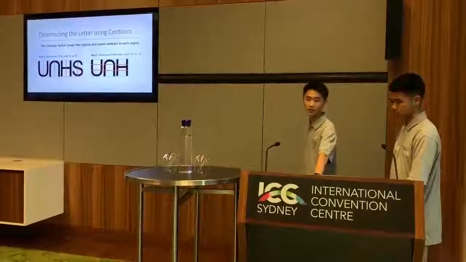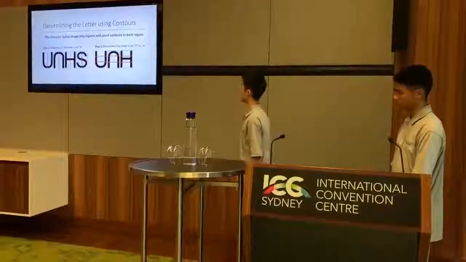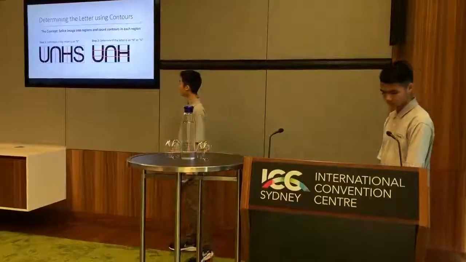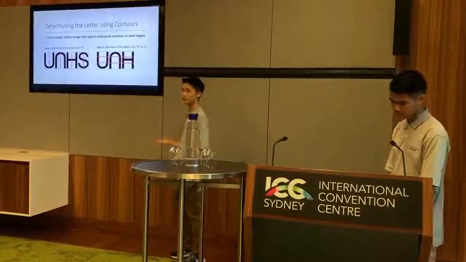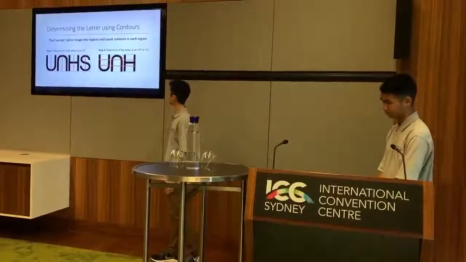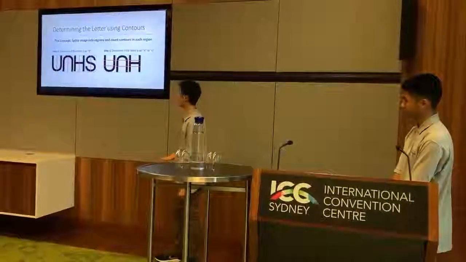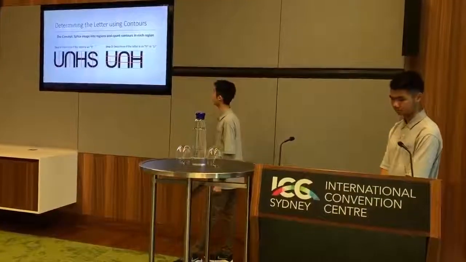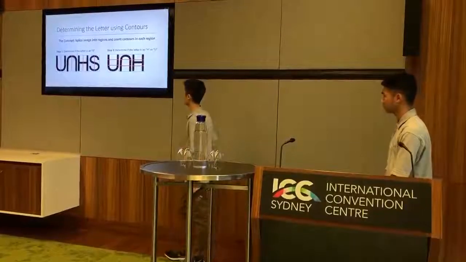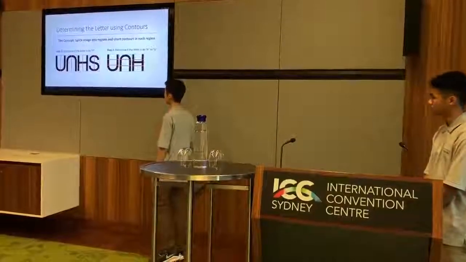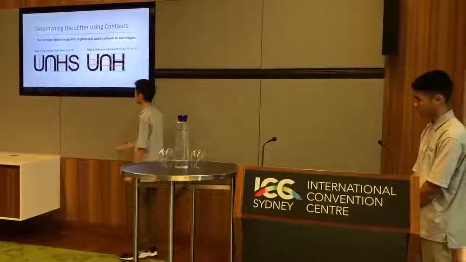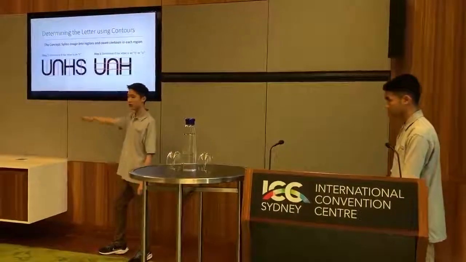So instead, we determine the letter using contours. Again, it's a very similar concept. We're going to slice the image into regions and then look at each region. Except this time, instead of looking at the fill in each region, we're going to count the contours. To determine if the letter is an S, we can split the image into its right and left parts.